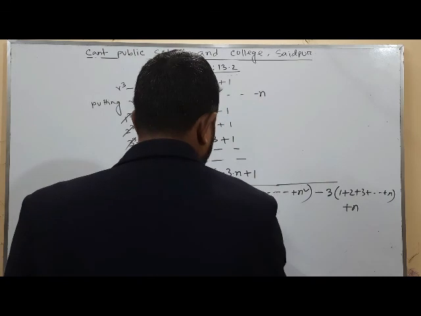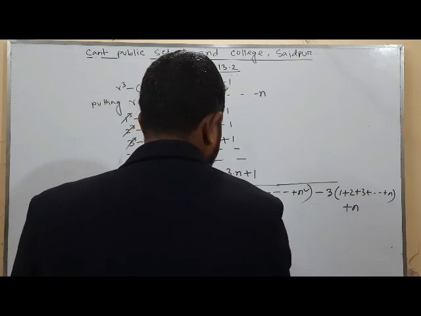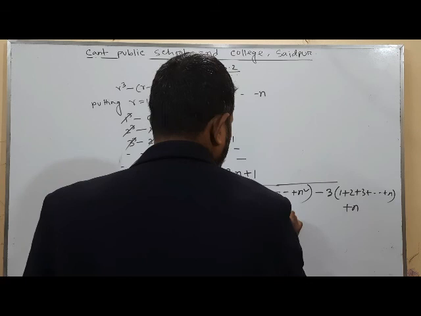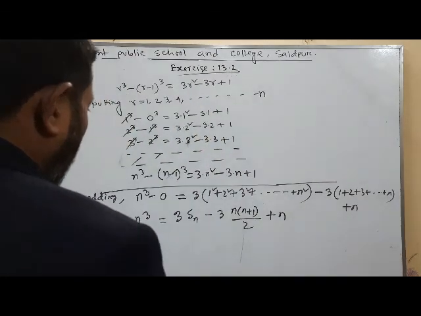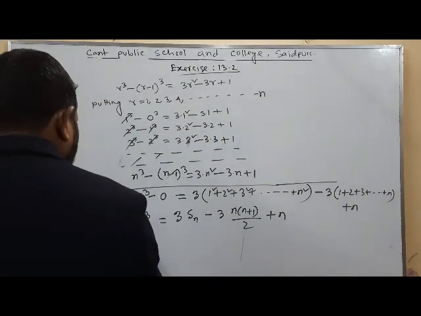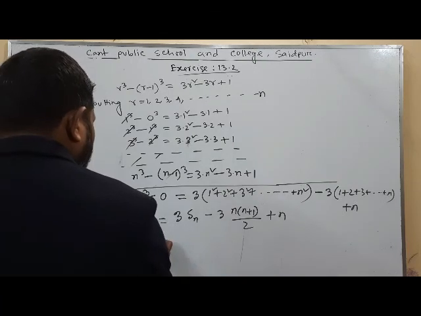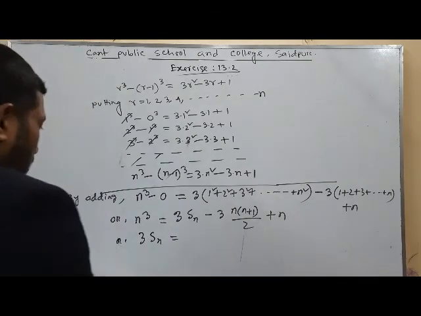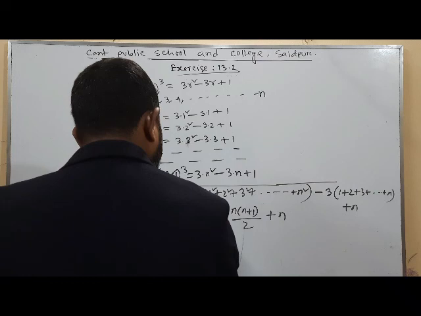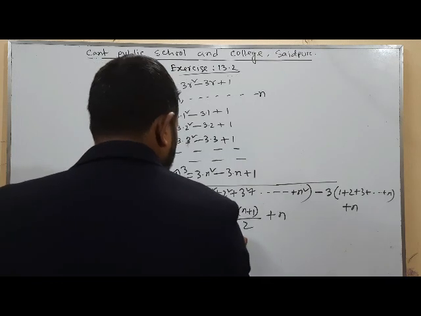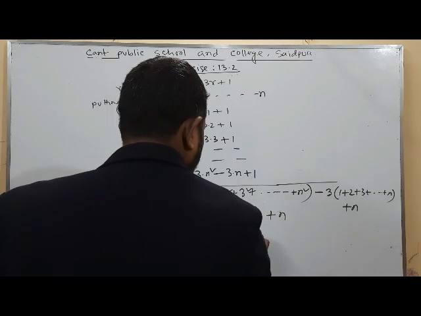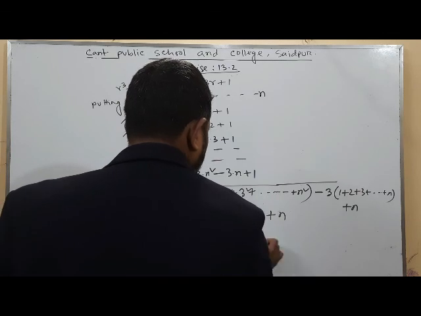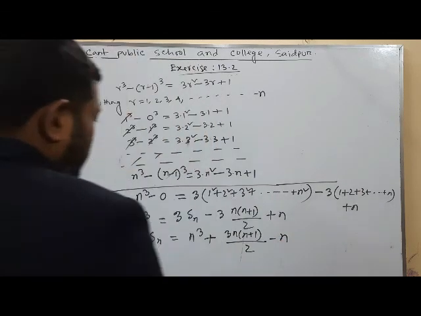This is equal to, you know, n into n plus 1 by 2, plus n. Or 3 Sn is n cube minus 3n into n plus 1 by 2 plus n.